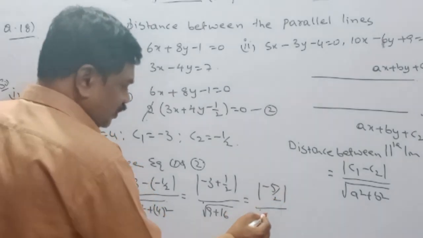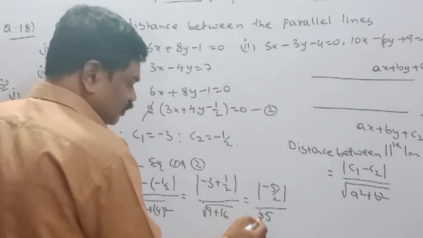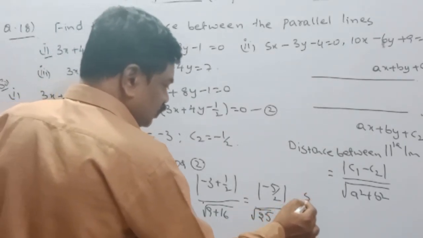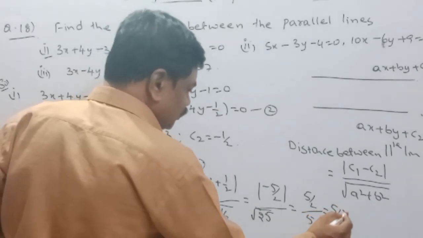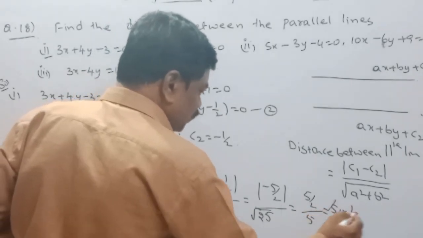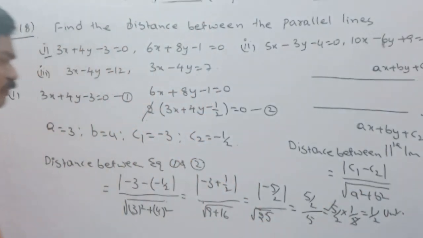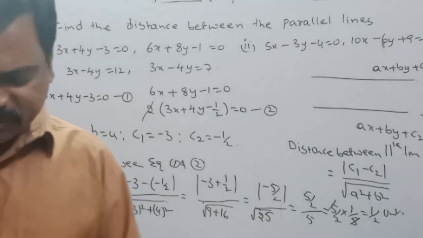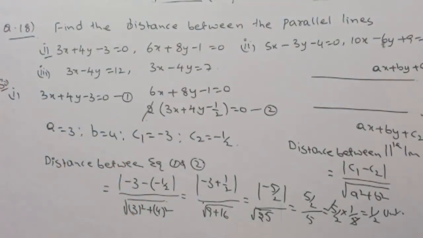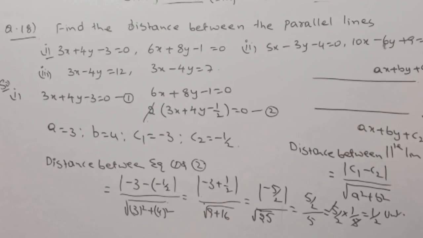By denominator, this is root over 25, which is 5. So this is 5/2 into 1/5. 5 cancels, 1/2 units. So what is the distance between the two lines? 1/2 units. Okay, all of you? This is the question we have. This is the solution we have. That's all. Thank you.